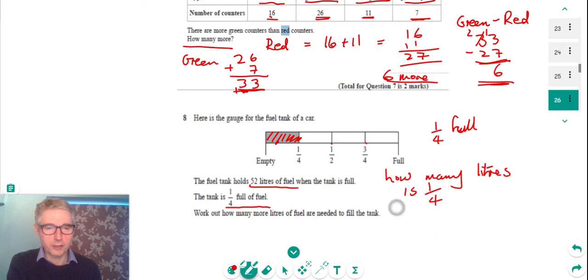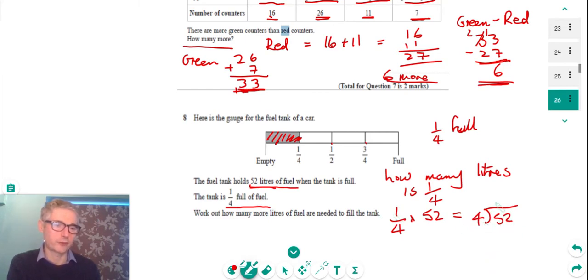So to do that, we're going to go 1/4 of the full tank, 52. And to multiply by a fraction, we divide by the bottom of the fraction. So we've got to go 52 divided by 4. And then we times the result of this by the top of the fraction.